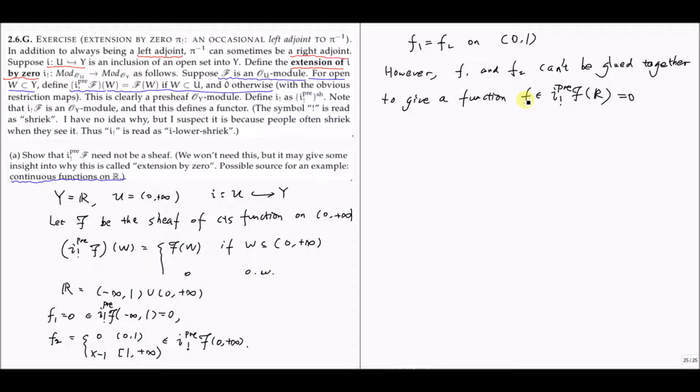This f has only one choice, the 0 function, but the restriction of the 0 function to here is not f2. So the gluability fails in this example.